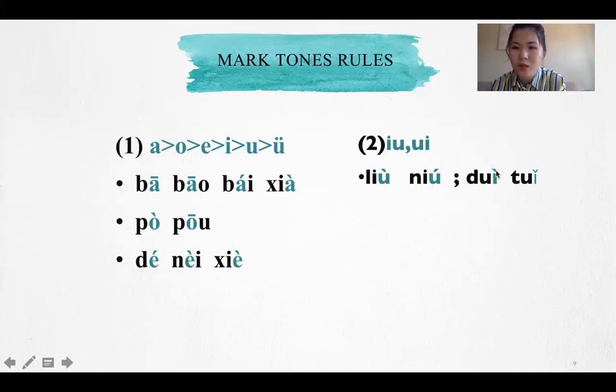You don't need to put the tone and the dot too. Okay, this one, tui. So it's also i is last, you put it on i. And this is only the exception of iu and ui. Okay, you put it on the last one. And others follow the rules of a, o, e, i, u, ü.